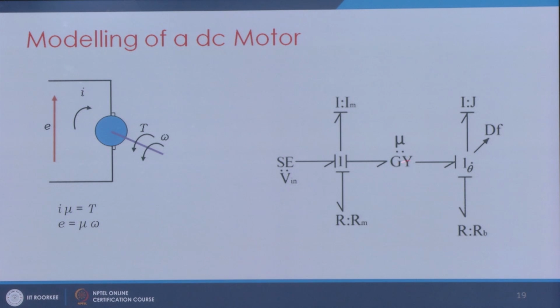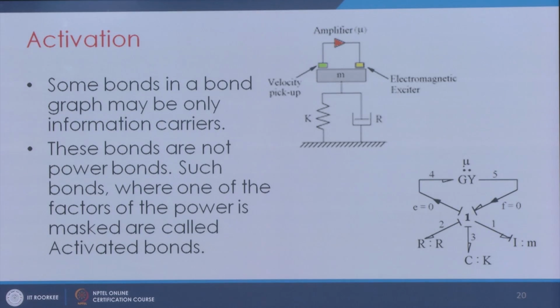So, this mu I model with the help of a gyrator element, okay, and here is my torque, and here is my omega. Okay. So, that is there, and of course, here at the end I put the inertia of the rotor, and here I attach a resistance representing the bearing resistance, and here I can put some sensor to sense the rotation.